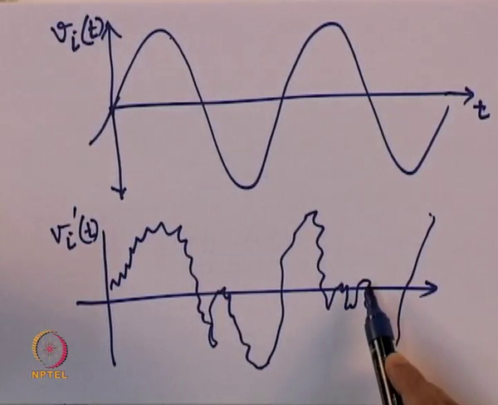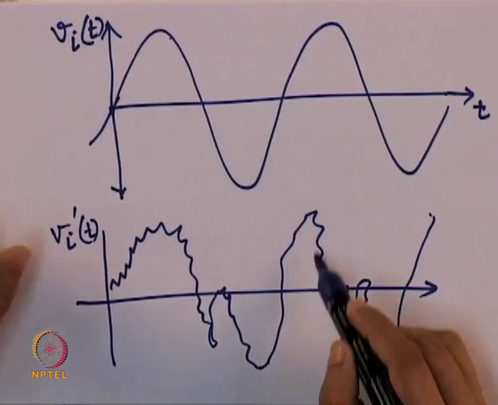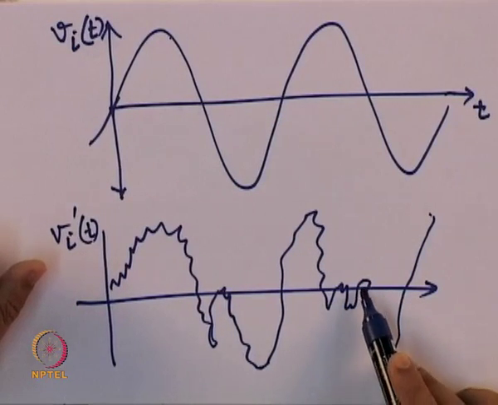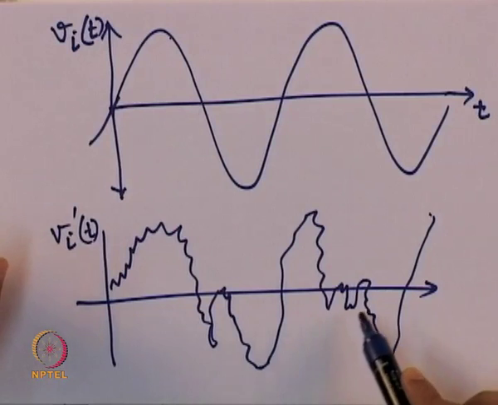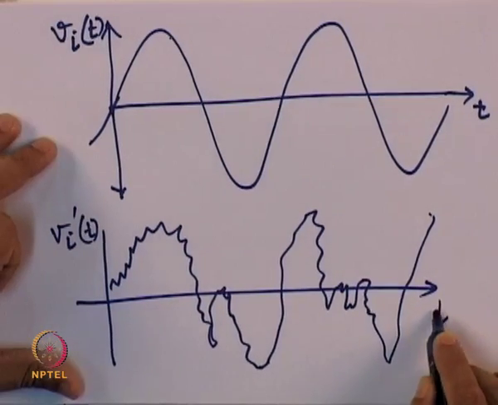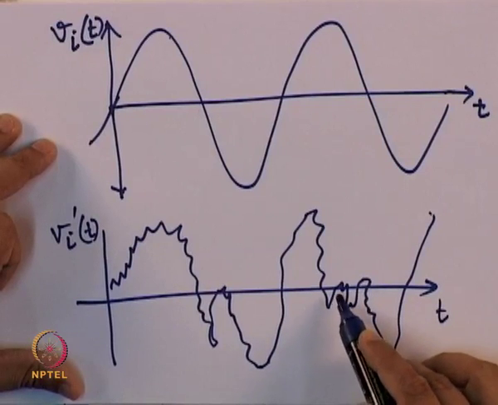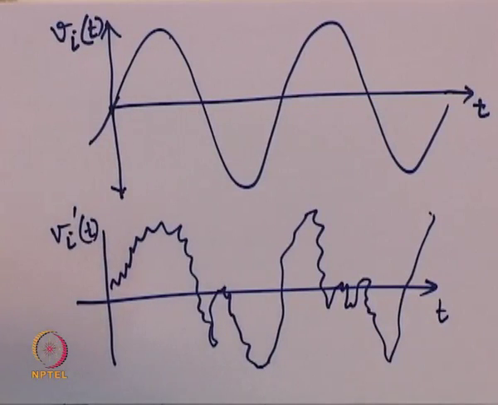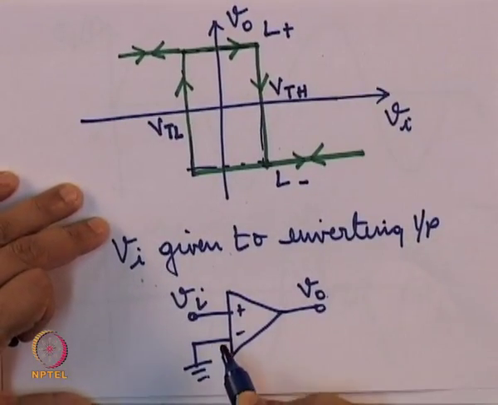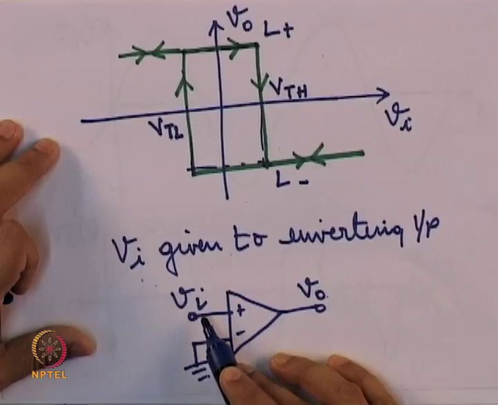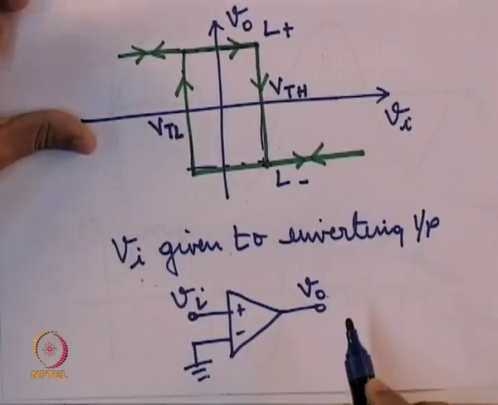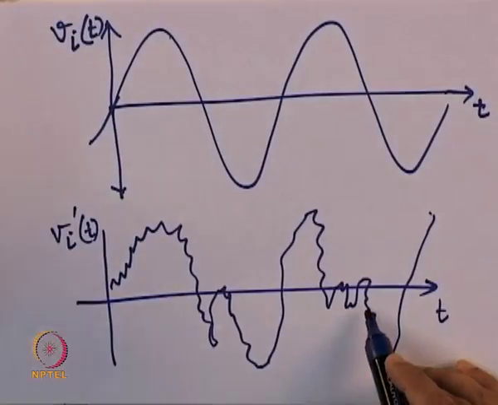Even though the general trend of this signal is downwards, because of noise the signal is distorted, and there are time instants when the signal actually becomes positive, even though its average value remains negative. In this kind of circuit, if even for a moment the input becomes higher than 0, then V0 will undergo a transition, which is what we do not want when we have a signal like this.